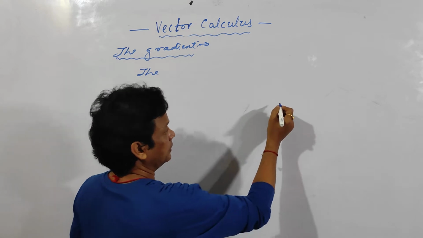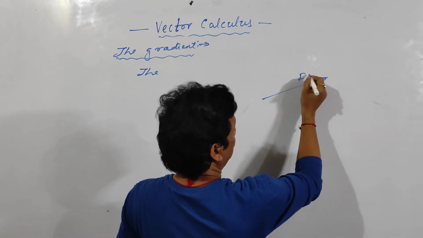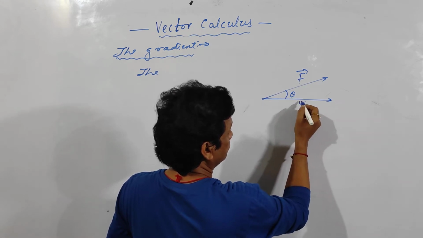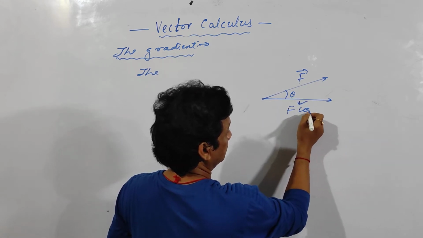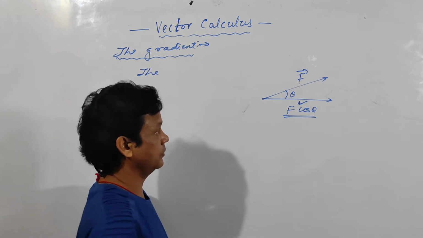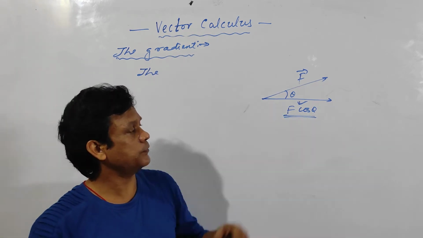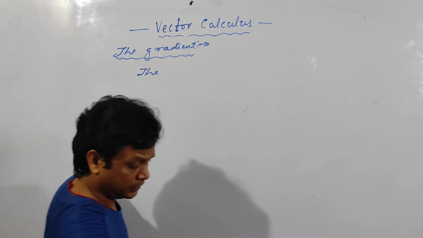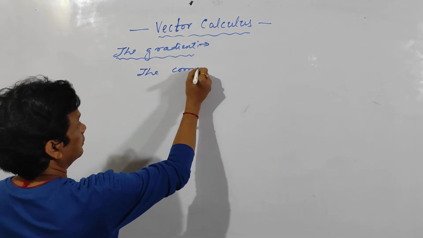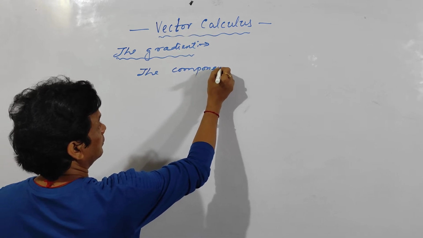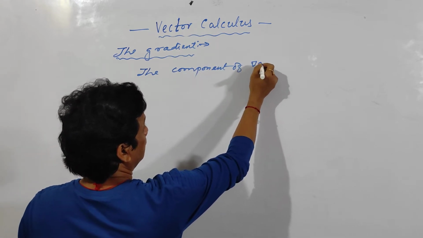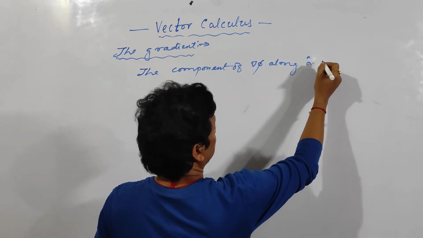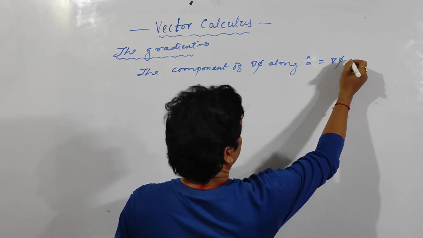Now a very important point: the component. For example, this is a force F, and if this angle is theta, then what will be this component? F cos theta. Similarly, the component of grad phi along a cap is equal to grad phi dot a cap.